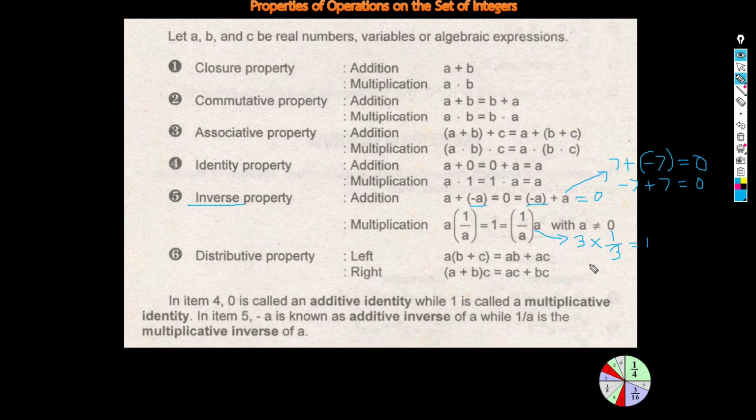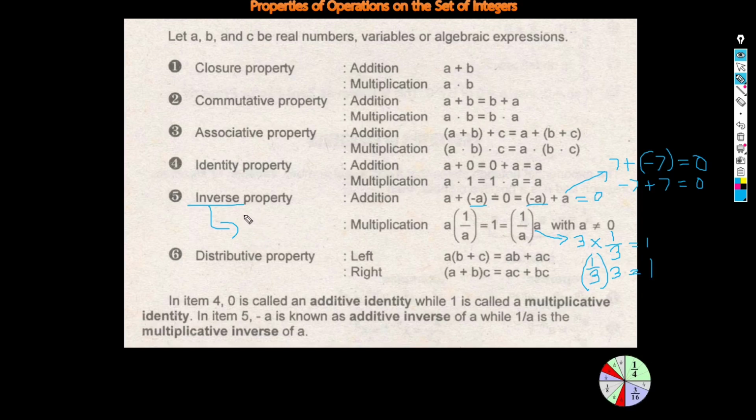Now, what about 1 over 3? When you multiply it with its multiplicative inverse, which is 3, it will give you the same answer, 1. That is the inverse property. So how do we remember the inverse property? The baliktad. As long as the number that's being added to it is the opposite of it, opposite in nature.